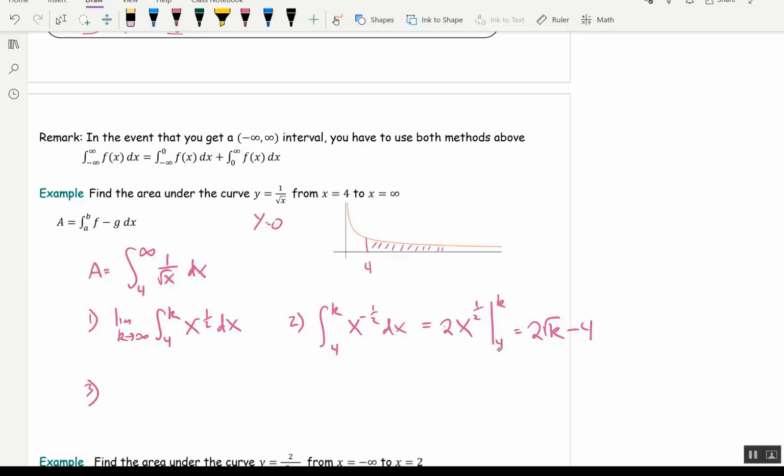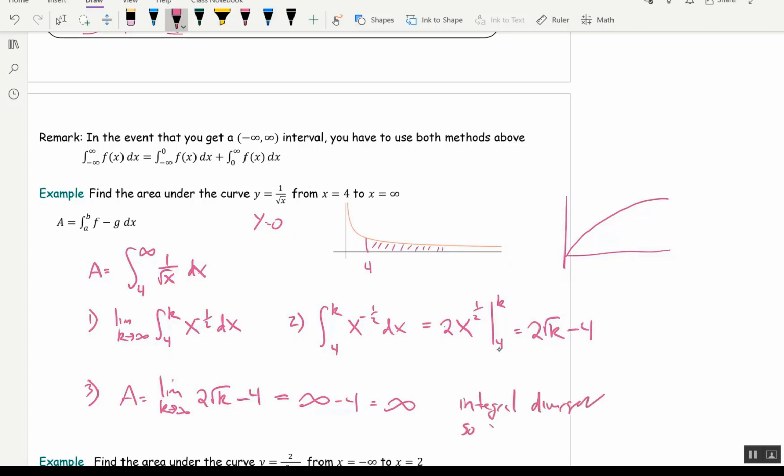If it exists, the area is going to be the limit as k goes to infinity of 2 root k minus 4. Okay, square root of k as k goes to infinity. So that's going to be infinity minus 4, which is still infinity. So we say that integral diverges, so the area is infinite.